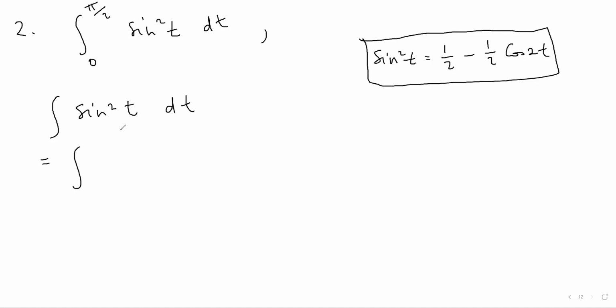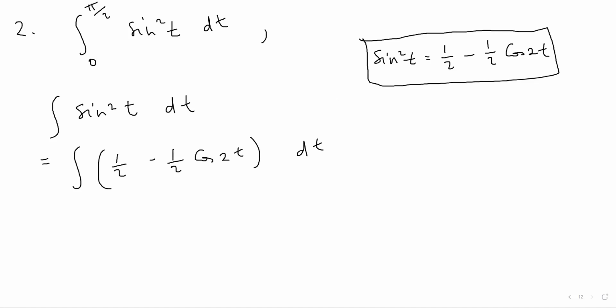We're evaluating this indefinite integral by using this trigonometric substitution. In place of sine squared t, we put half minus half multiplied by cos 2t, with respect to t.